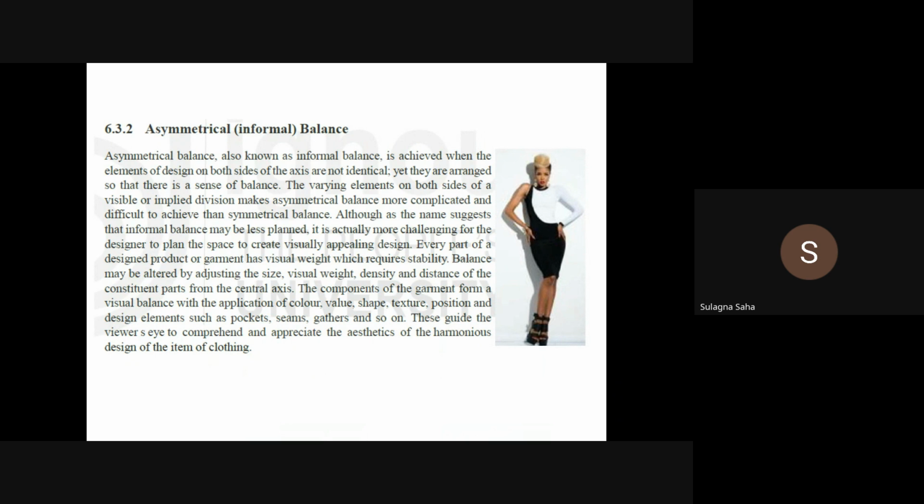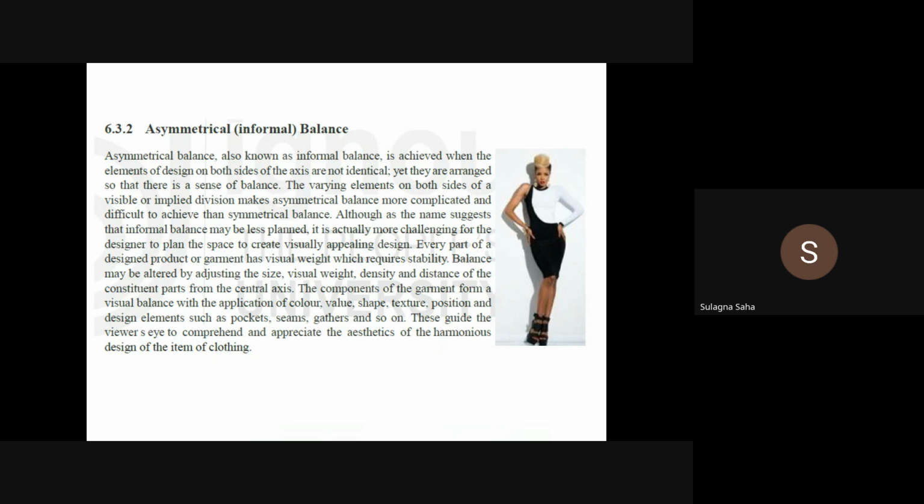Though it is informal, it has to be better planned because, for example, if you look at the image, though the garment has different colors and different weights at different parts, visually the stability has to be maintained.